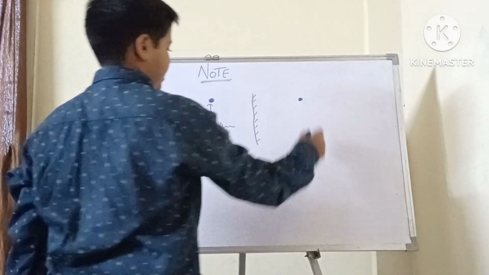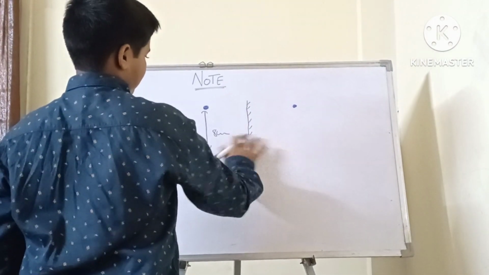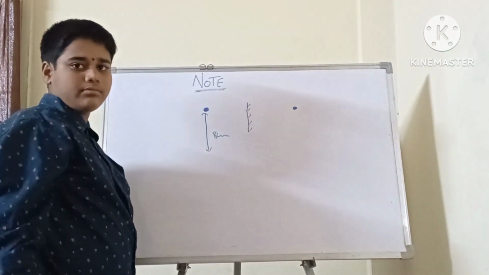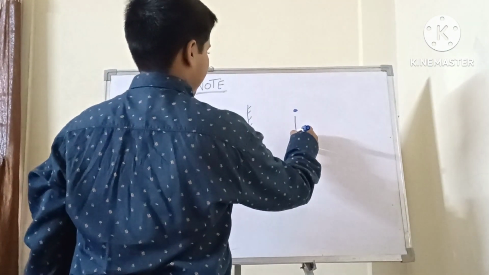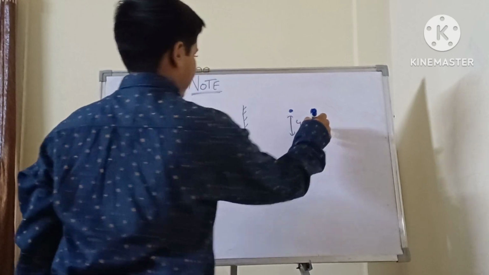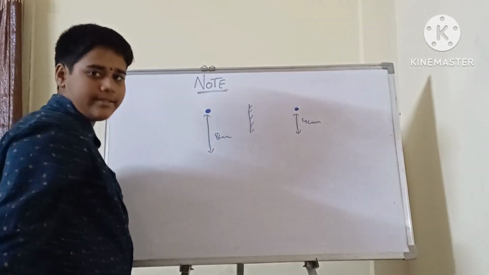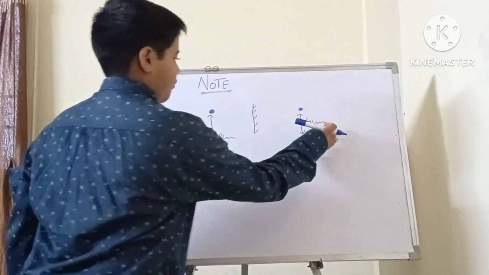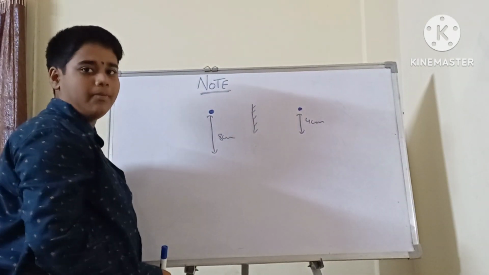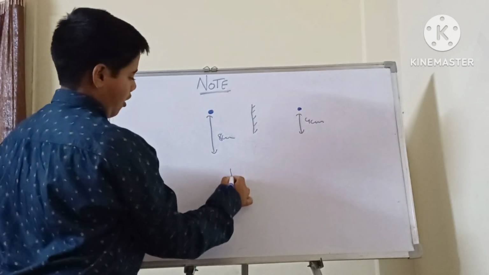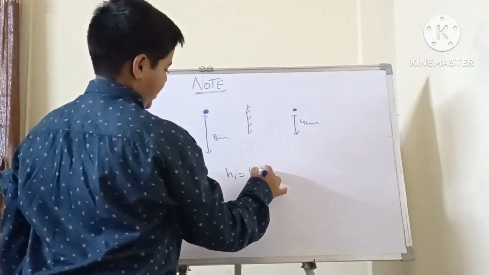Here also 8 centimeters will be formed, but if I cut some of the mirror, the height formed will be 4 centimeters. When half of the mirror is cut, 4 centimeters is formed, half of the object height. So the image height is equal to object height by 2.